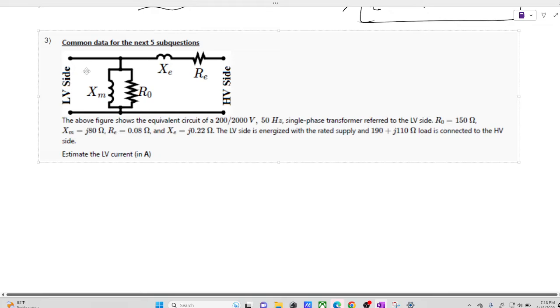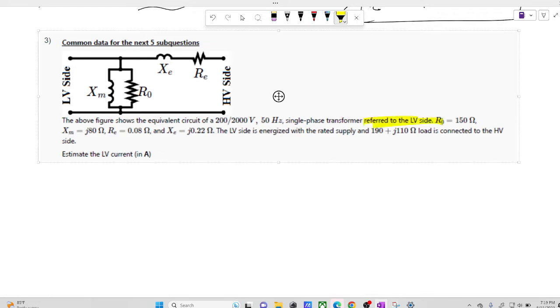They have given an equivalent circuit of a transformer, referred to the low voltage side, with parameter values R_0 equal to 150 ohm, magnetizing branch reactance 80 ohms, effective resistance referred to the low voltage side 0.08, and X_E given as 0.22 ohms.